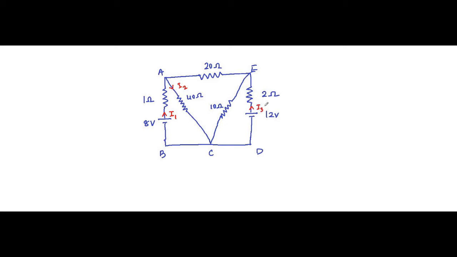Now here I1, I2 is flowing away, so we will be applying KCL, a basic application of KCL. The current flowing through the AE branch is I1 minus I2.